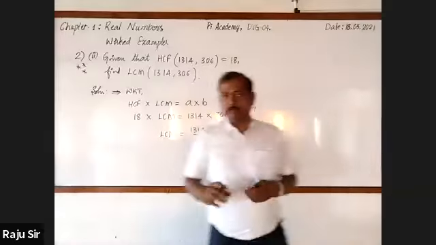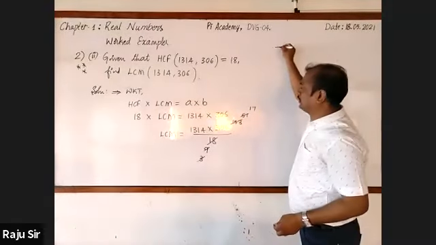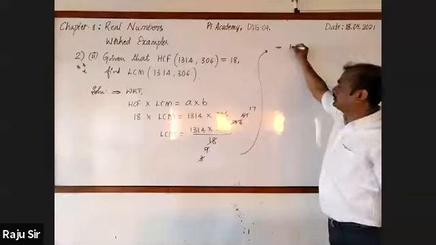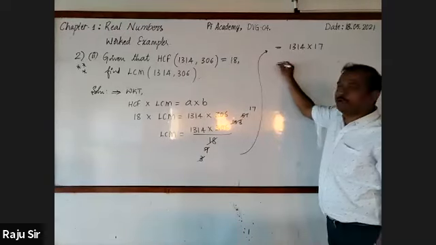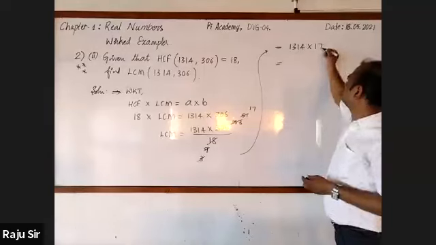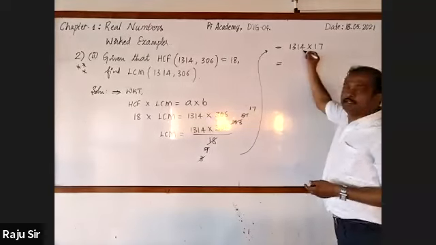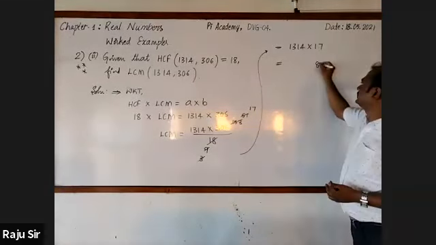Have you got the same? Yes, 17. This is equal to, I'm continuing, 1,340 into 17. 17 fours are 68. 8, 6 is the carry.